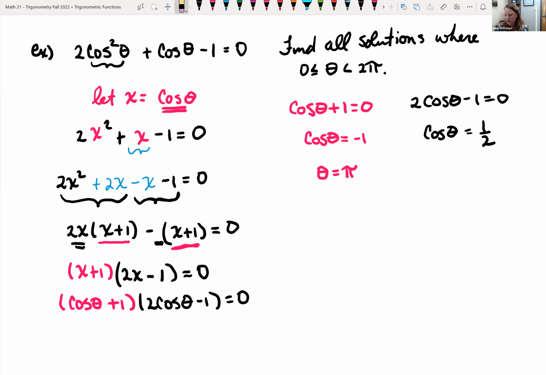The second equation, though, there are 2 times that cosine theta is positive 1/2 between 0 and 2 pi. That would be in the first quadrant, and that would be in the fourth quadrant.